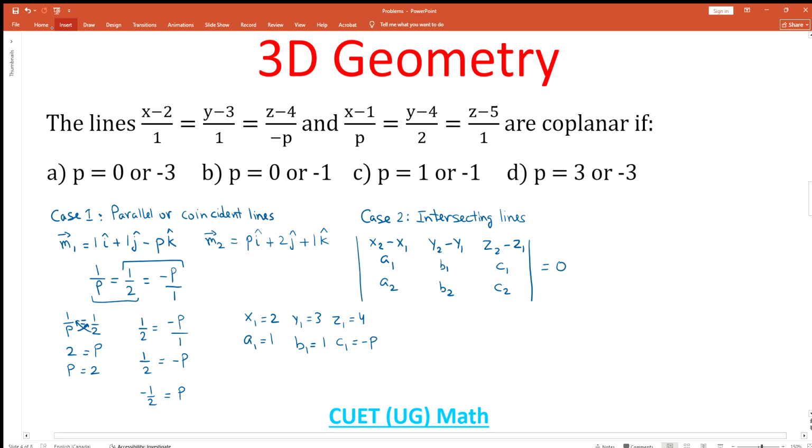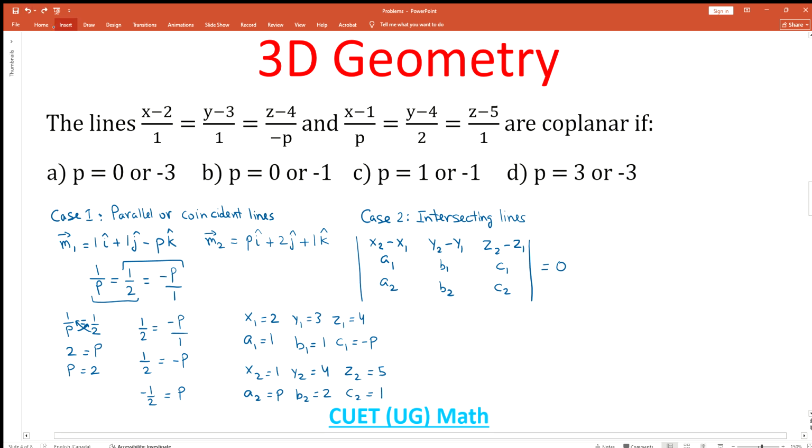Now we can use the equation of the second line. x2 is equal to 1, y2 is equal to 4, z2 is equal to 5, a2 is equal to p, b2 is equal to 2, and c2 is equal to 1. These are the components of the vector that's parallel to the second line.